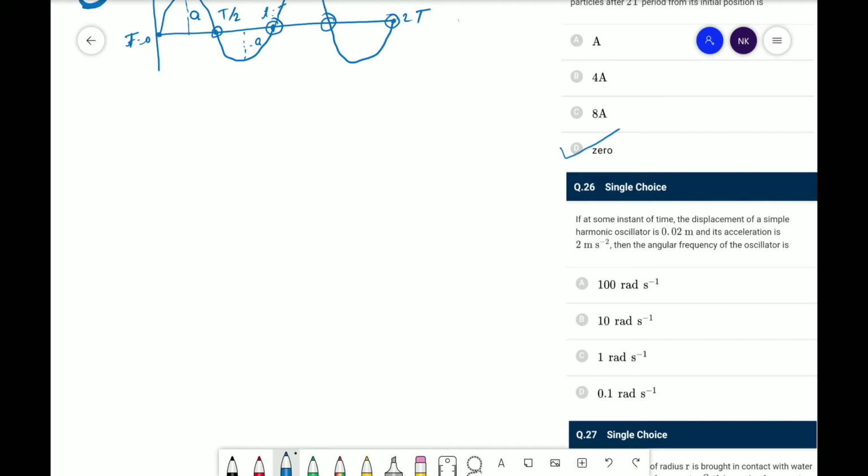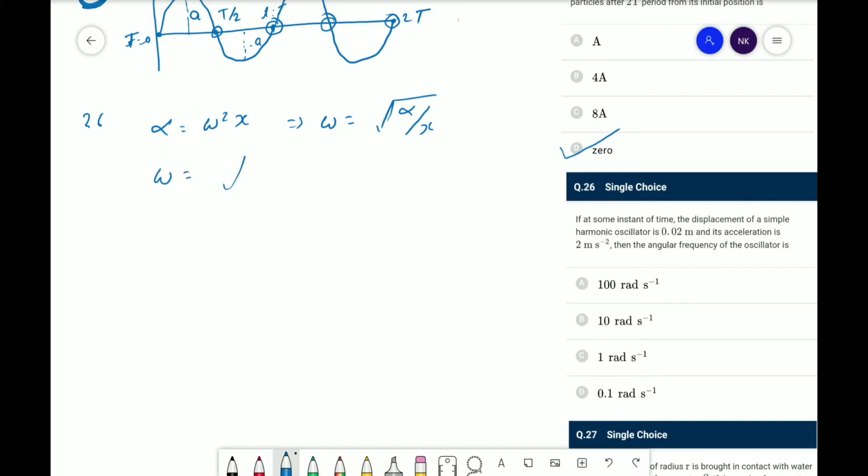Okay, so for angular frequency, first we will write what is given: displacement is 0.02. So the relation between acceleration, displacement and angular frequency is alpha is equal to omega square x, and we will calculate angular frequency. Hence omega is equal to under root alpha upon x.